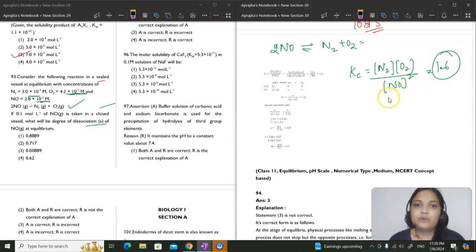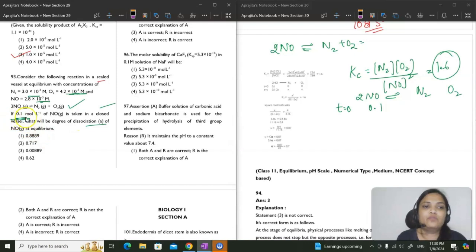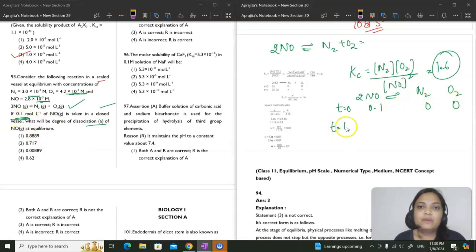It will be 1.6. Okay, now let's say at T equal to 0, the concentration of nitric oxide is 0.1. Okay, it's given as 0.1 mole per liter. So initially the products are 0, and at time T, if x is formed, the nitric oxide will be 0.1 minus 2x. So the value of Kc at equilibrium will be x squared upon 0.1 minus 2x, whole squared.